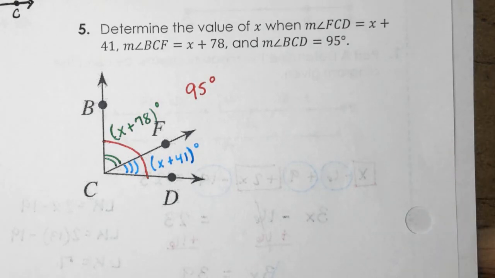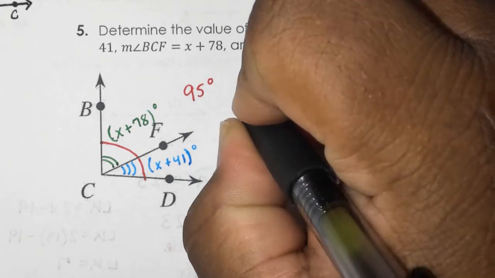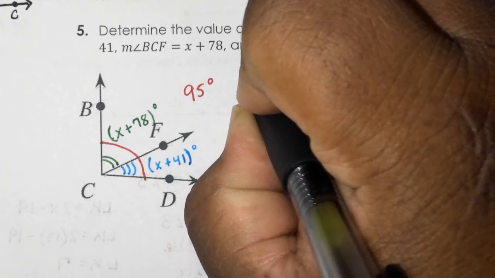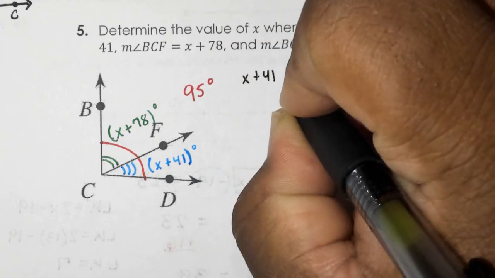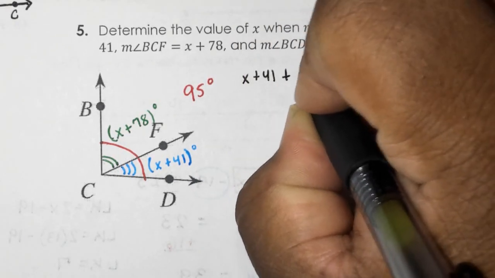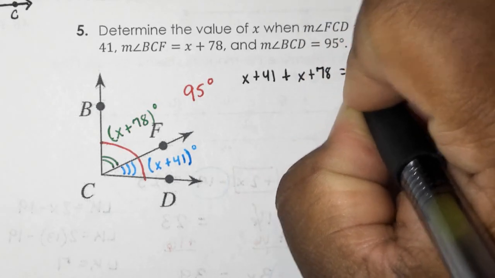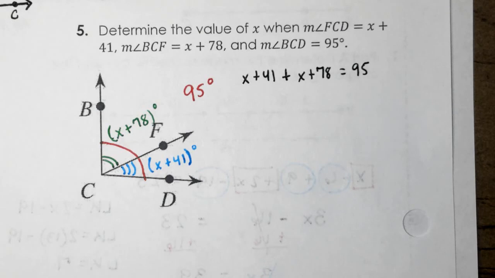On this one, my equation I'm not even gonna ask because my equation is easy. It's x plus 41 plus x plus 78 equals 95. And then I need to solve that.